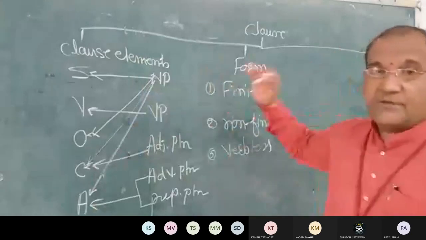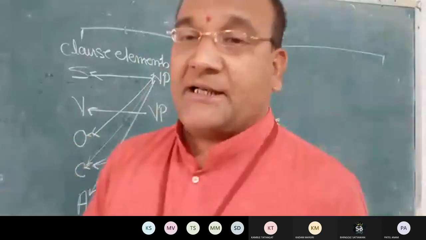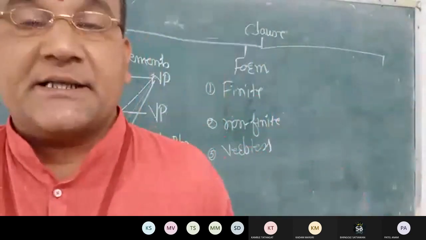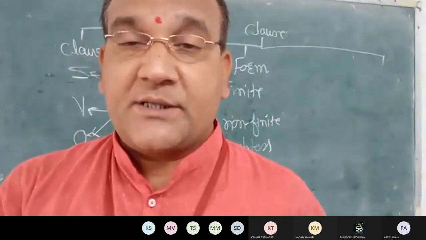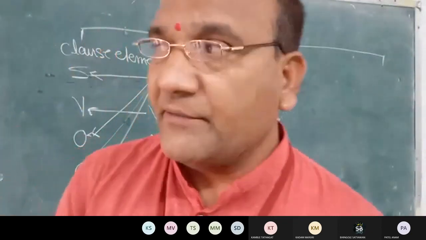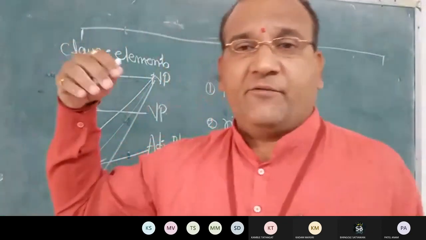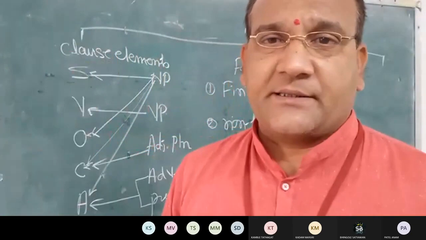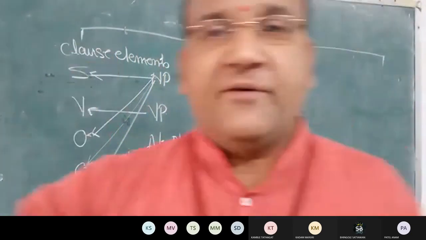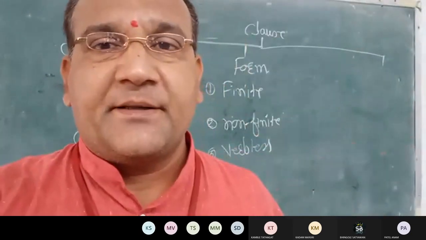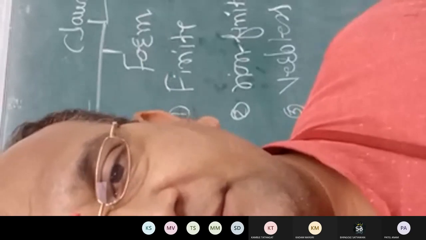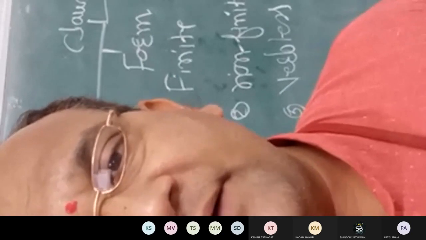In a finite clause, the VP is complete in all respect. All the auxiliaries are marked. If you remember, while discussing the verb forms, we had talked on that. Right? First three forms of verb are finite.